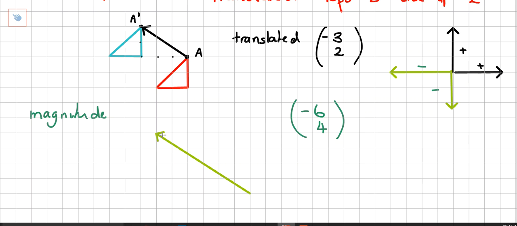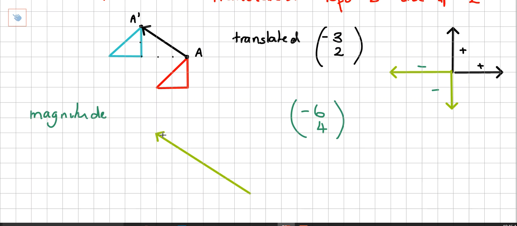Vectors are represented with arrows and have to do with direction. Right, well, hang on, let's sort that out because I think that needs to be sorted. Scalar quantities have magnitude, but direction is not important. Vector quantities have magnitude and direction is important.